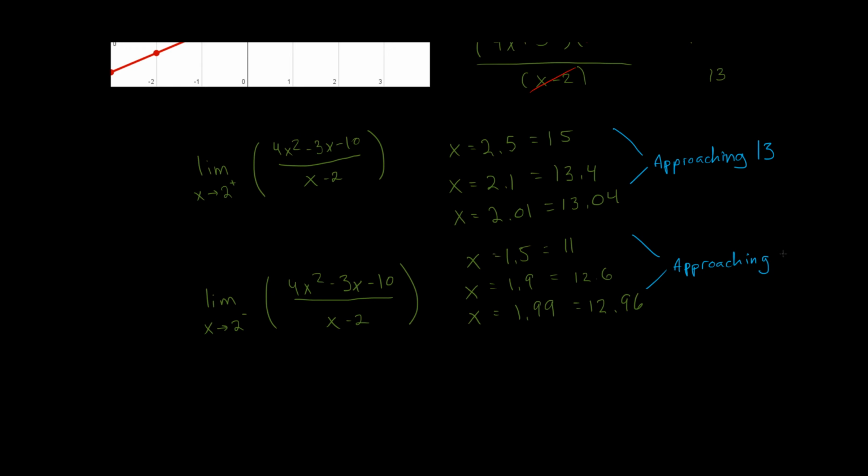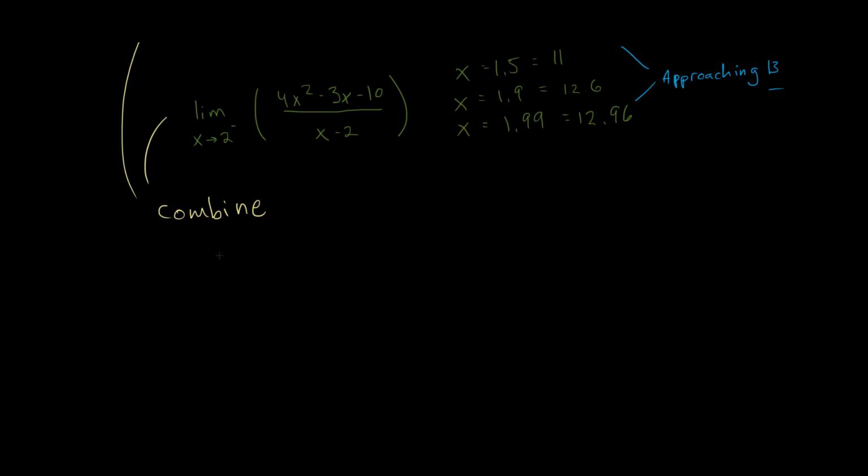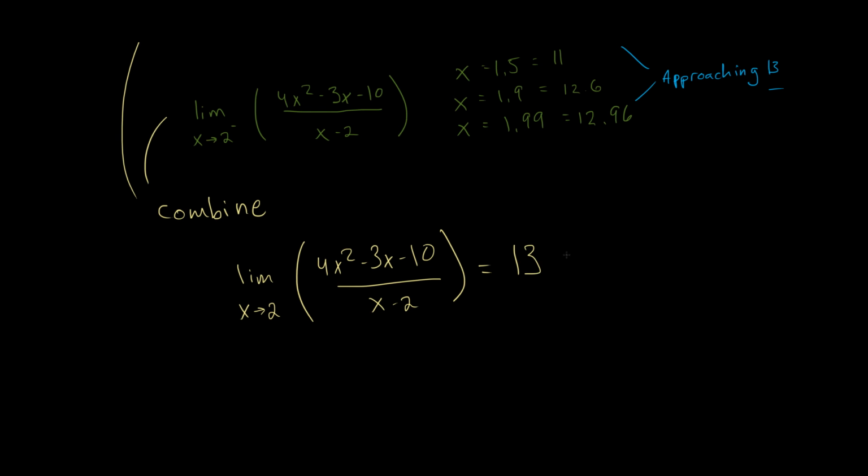So as you can see, these two limits are equal to each other, which means that we can combine them and give an overall limit. So our overall limit, we're not going to have a left hand or right hand approach now. We're just going to have the limit as x approaches 2 of 4x squared minus 3x minus 10 over x minus 2 equals 13.